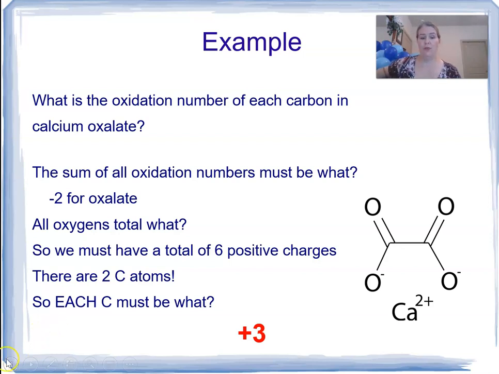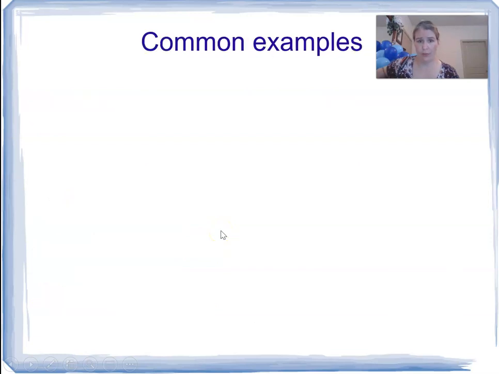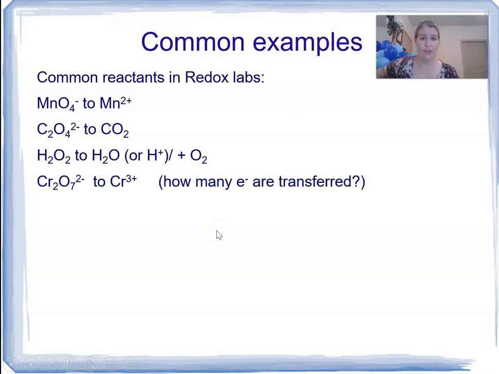So follow these rules. A neutral compound must be equal to 0. Oxygen is almost always -2 unless it is actually impossible. And the sum of the oxidation numbers for a polyatomic ion must be equal to the charge. Here are a couple of very common examples that you'll see in redox reactions.